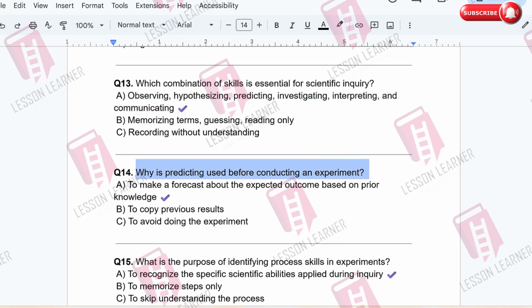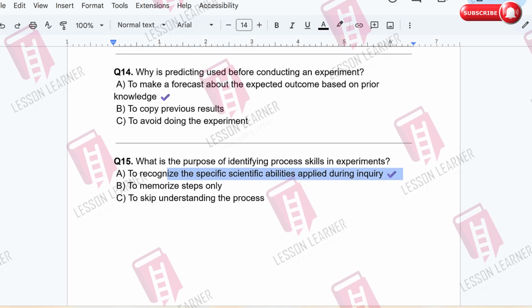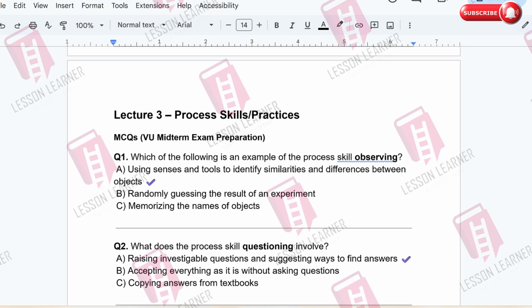Why is predicting used before conducting an experiment? To make a forecast about the expected outcomes based on prior knowledge. What is the purpose of identifying process skills in experiment? To recognize the specific scientific abilities applied during inquiry. Which of the following is an example of the process skill observing?